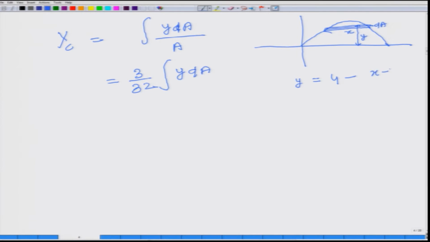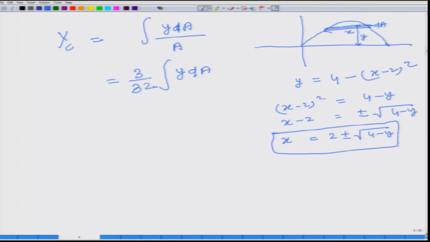For a given y, you will have two values of x, that is (x minus 2) square equal to 4 minus y, and x minus 2 equal to plus or minus root of (4 minus y). So, x equal to 2 plus or minus root of (4 minus y), right.